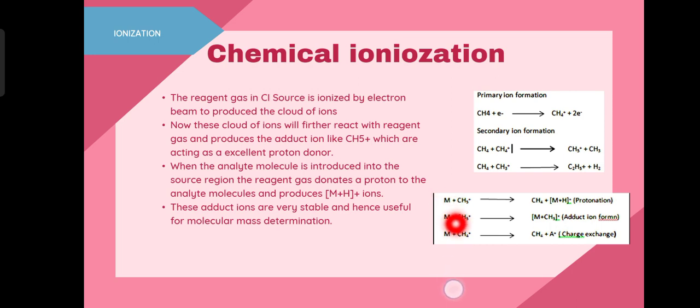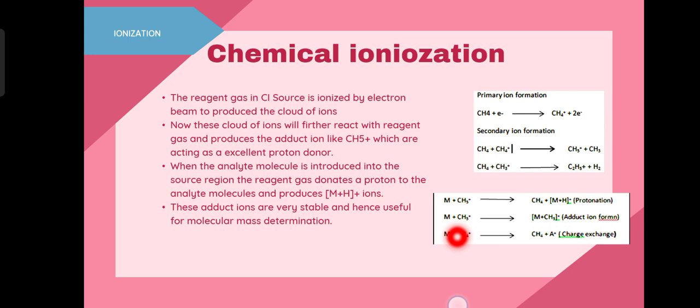M represents the analyte molecules. There are three different mechanisms by which the donation of proton takes place. First is protonation, wherein CH5 plus donates one of its protons to M, resulting in formation of M plus H plus ions.